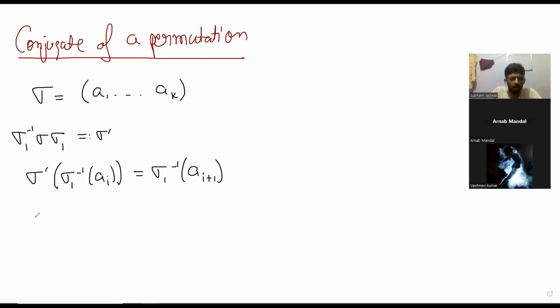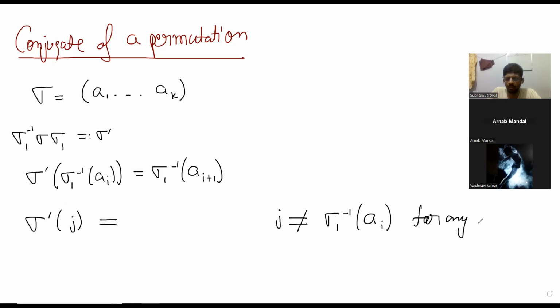So now we want to see what happens to this, given that J is not equal to sigma 1 inverse of AI for any I. We want to say that J is fixed. So how do we show that?